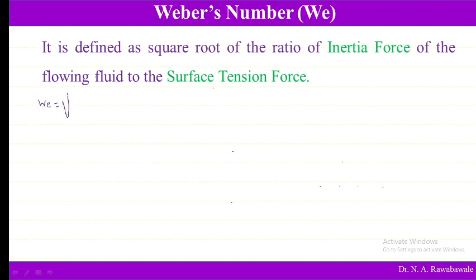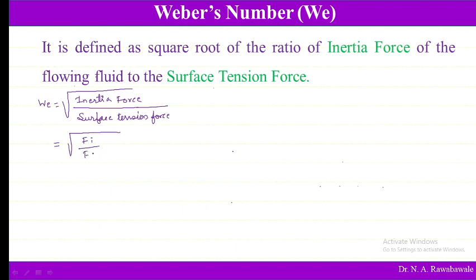WE is equal to square root of inertia force to the surface tension force, that is nothing but square root of Fi divided by Fs. So now already we know Fi, inertia force.